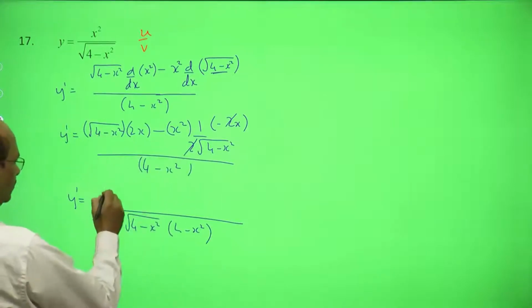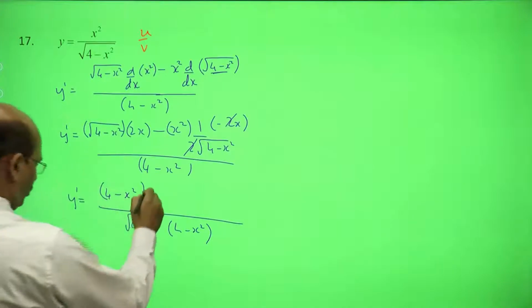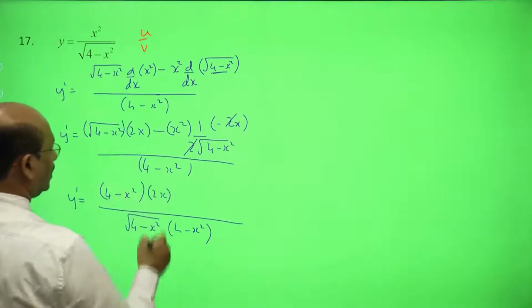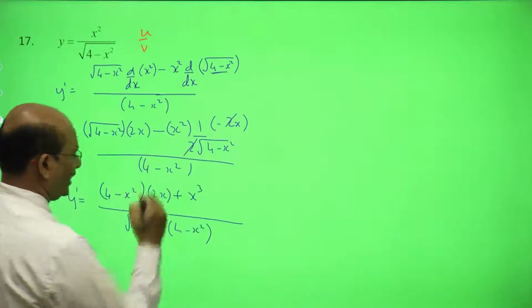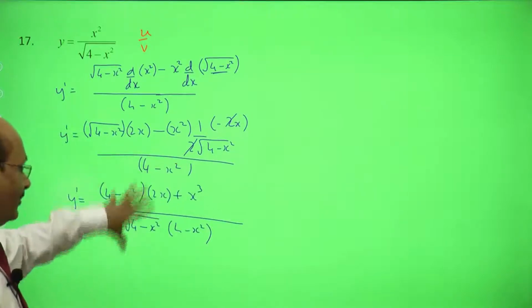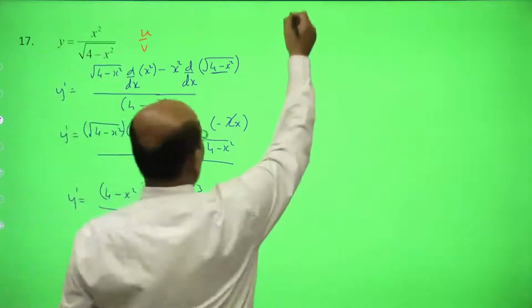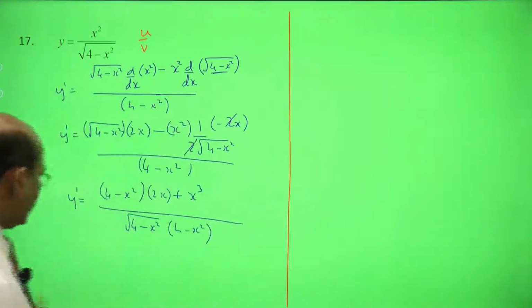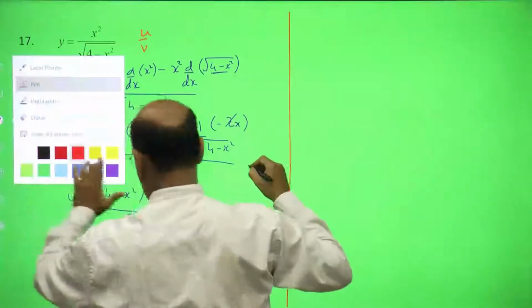Square root goes into 2x. Now minus of minus will become plus x cube. Be careful, don't commit a silly mistake here. This is basic maths. Okay, so let us pursue this further because there might be some like terms there.